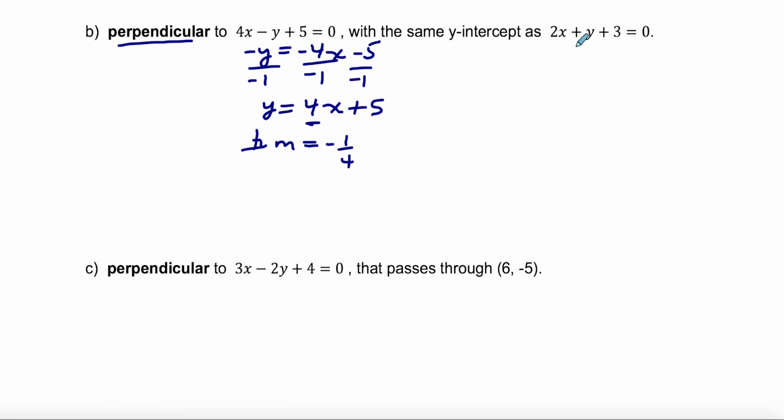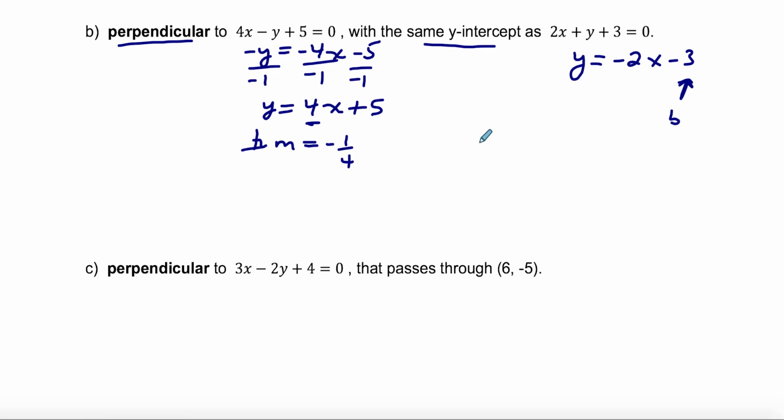Same thing with this one over here. We want the same y-intercept as this line. So if I write this in y equals mx plus b form, I just want to know that that's the same y-intercept as this one. So again, I don't care that this slope here is negative 2. That doesn't matter. I just want to use this equation to find out what the y-intercept is.